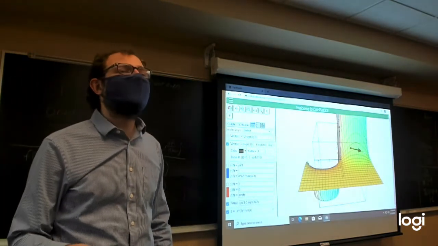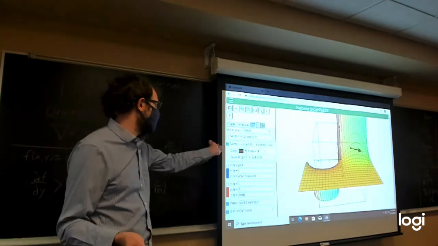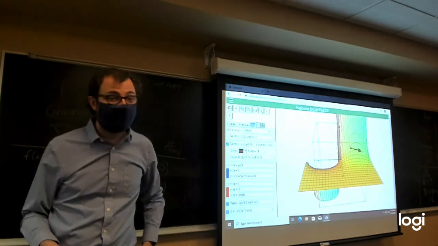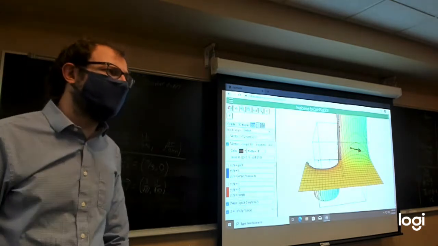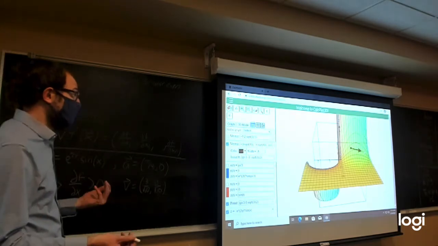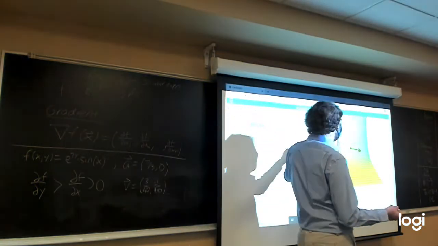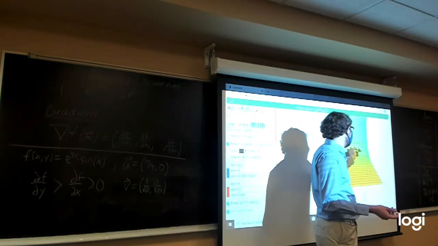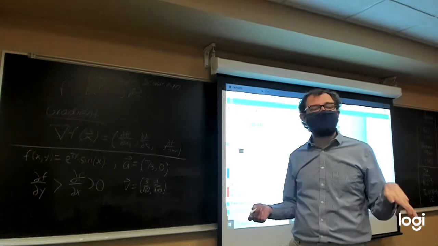If we were to travel in the direction of that arrow, starting at that point, does it look like we're going to have an uphill slope or a downhill slope? Downhill. A lot downhill or a little downhill? Just a little. So if I were to guess, I would say that the slope traveling in the direction of this arrow is going to be a very slight downhill slope.